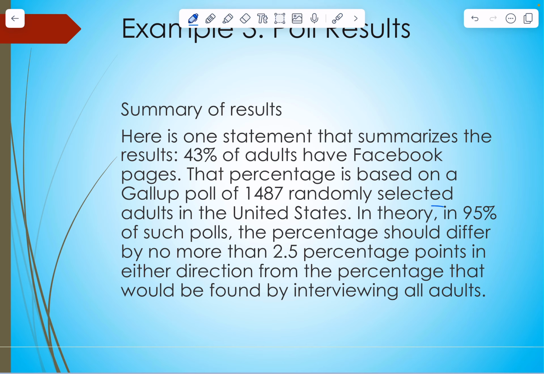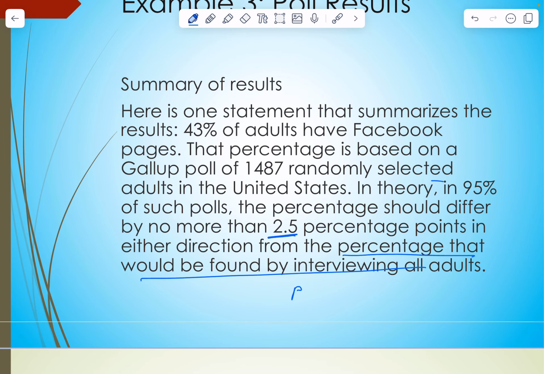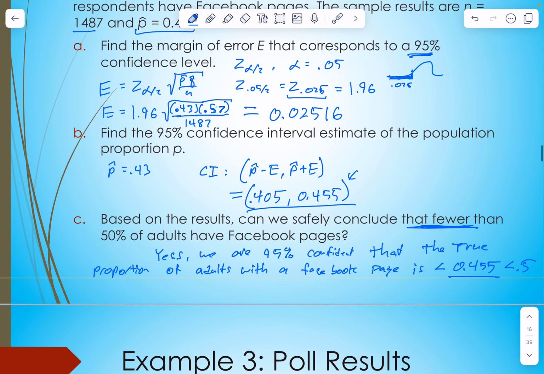In theory, in 95% of such polls, the percentage should differ by no more than 2.5 percentage points in either direction from the percentage that would be found by interviewing all adults. So the percentage that would be found by interviewing all adults is nothing other than the population proportion. And so they're saying that it shouldn't differ by 0.025. And you'll see that's what we have right here. If we were to convert this to a percent, it would be 2.5 percentage points.